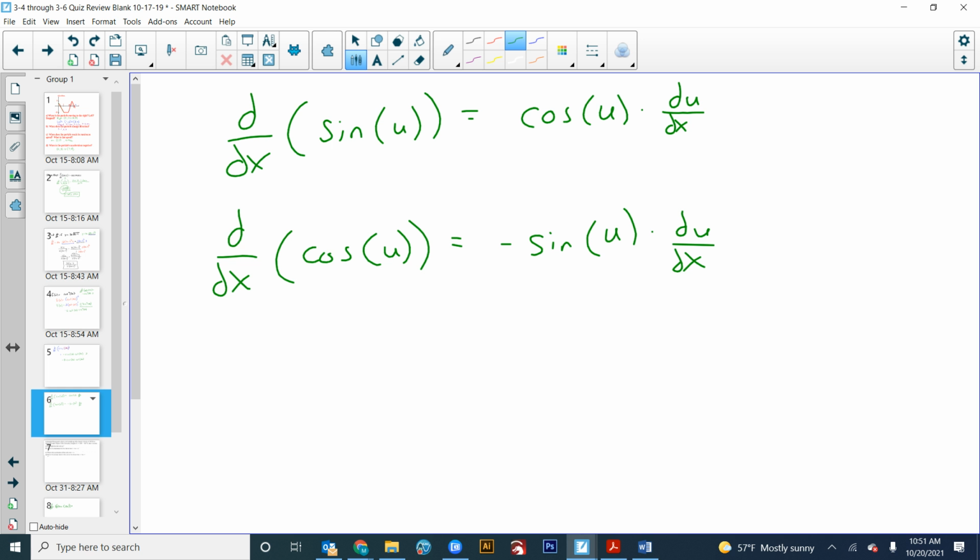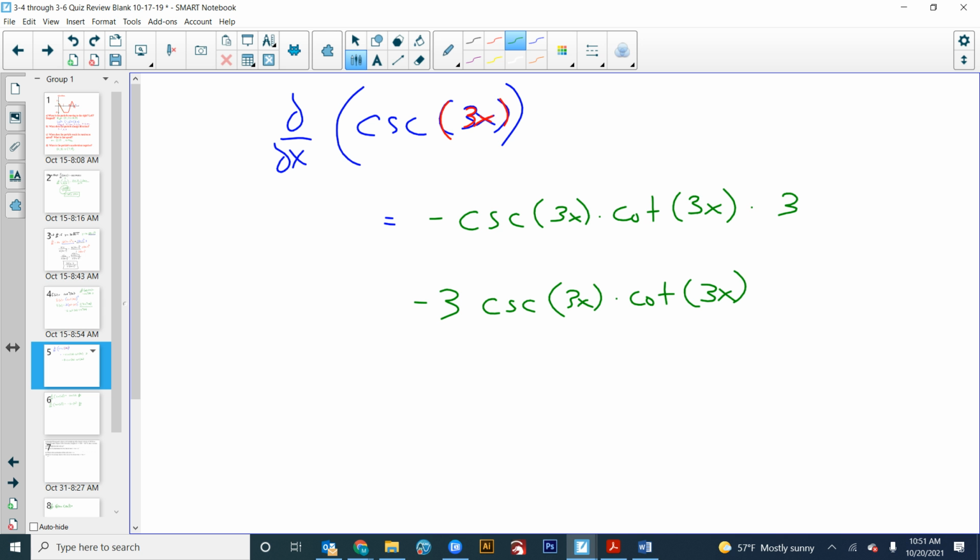So some of you are thinking at this point, that's kind of a waste of time. They're just all going to have a du dx tacked on the end. Yeah, until you get to a weird one like this, and you're like, what do I do with that? I know it's negative cosecant x cotangent x, but when there's a 3x in there, do I put the 3x in both parentheses? Yeah.